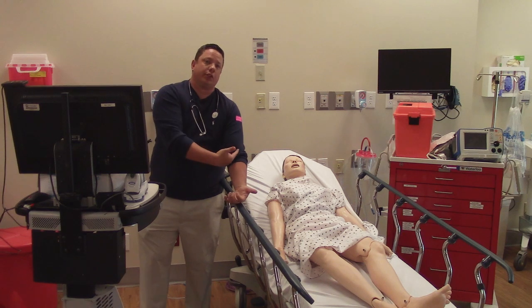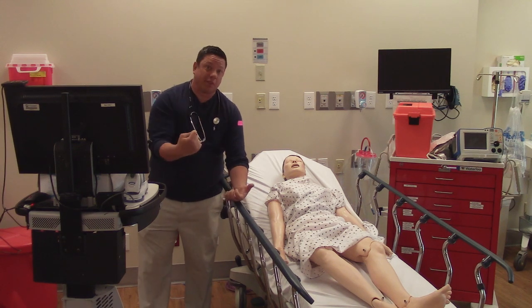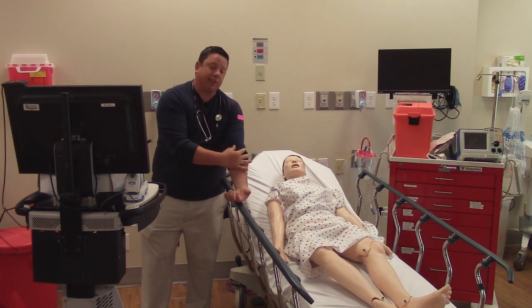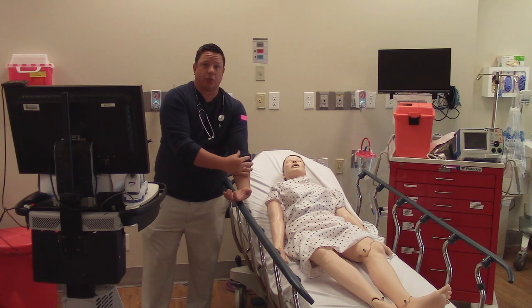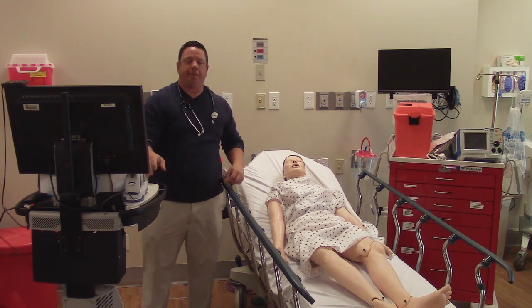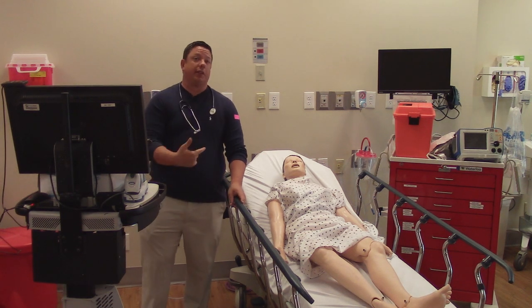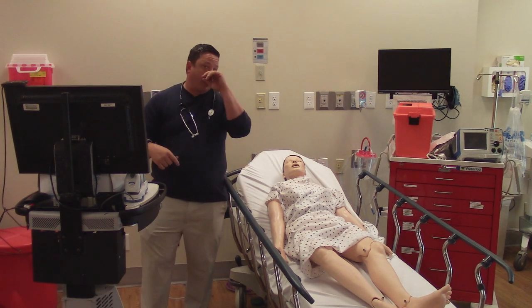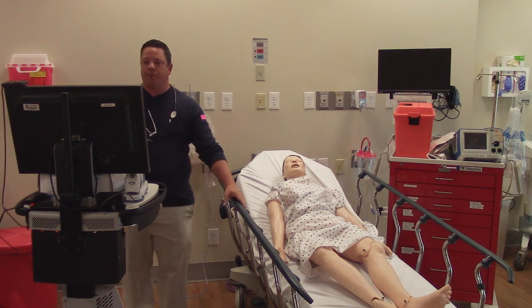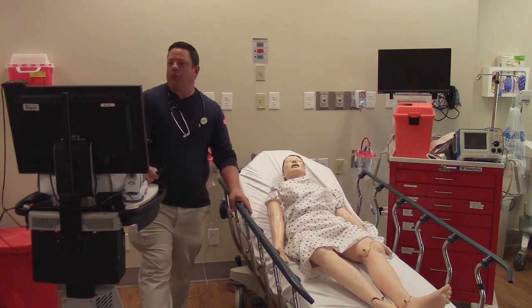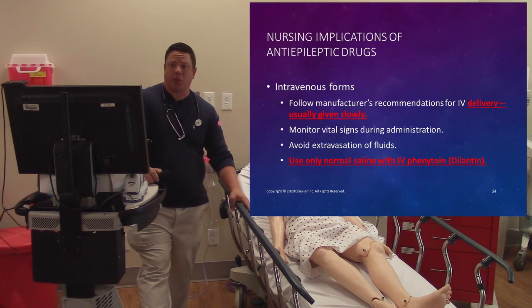That's an infiltration if it's normal saline. An extravasation is that fluid is extra. It's going outside your vessels and it's a vesicant. And if it's a vesicant, who should we call? We need to immediately call the pharmacy so we can get the antidote. Eventually you'll let the doctor know and all that stuff too, right? Use only normal saline with phenytoin or Dilantin.